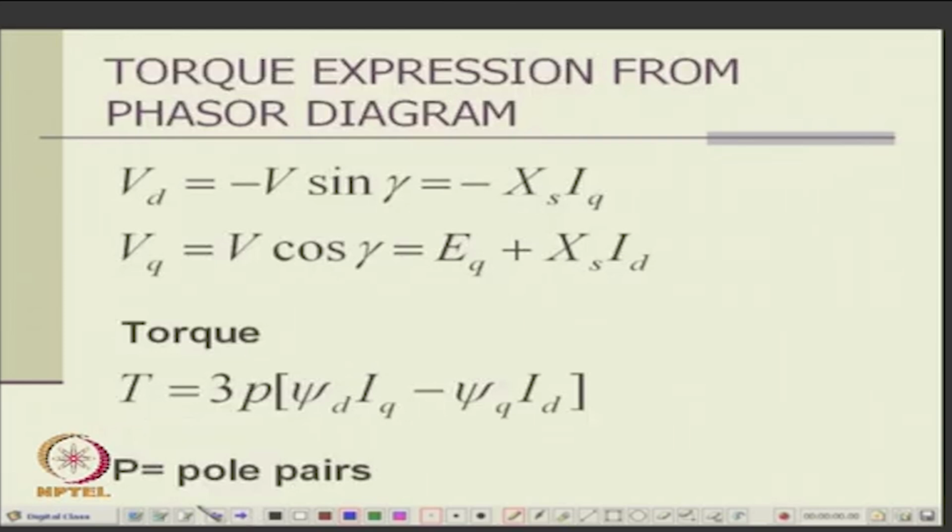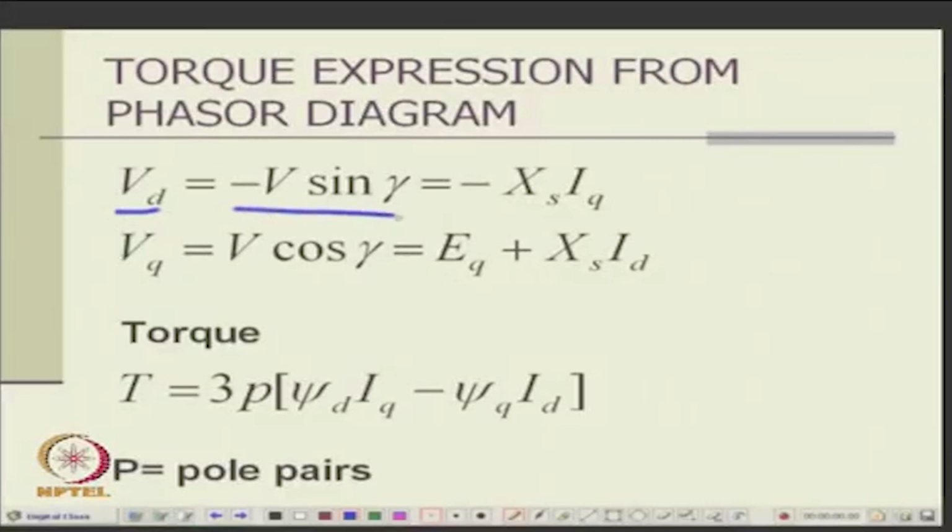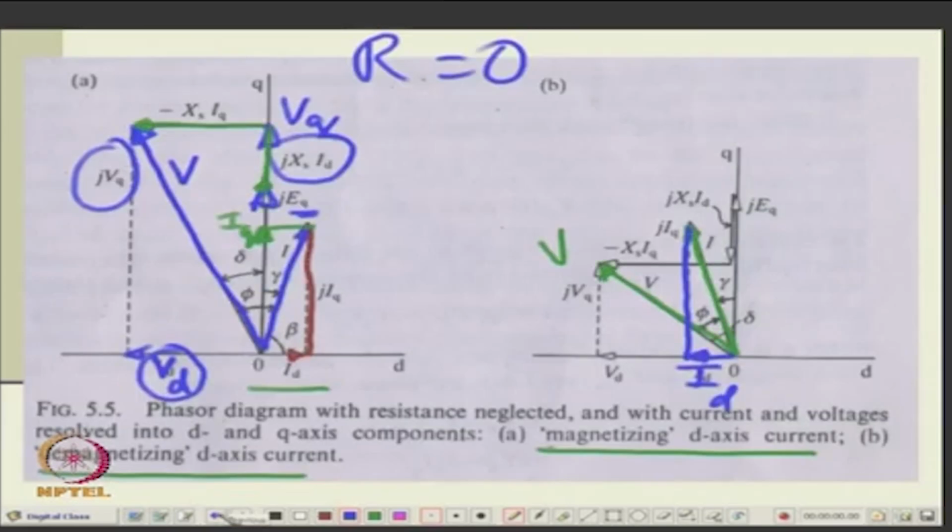So, we can write down the phasor equations. Vd will be minus V sin gamma, which is minus XS IQ, if you look at the phasor diagram. So, this is minus XS IQ, which is nothing but V delta.